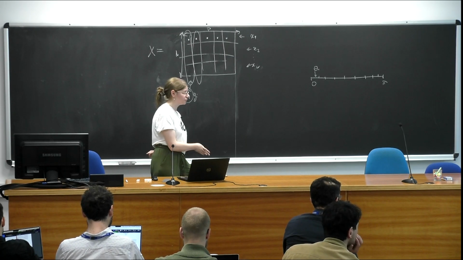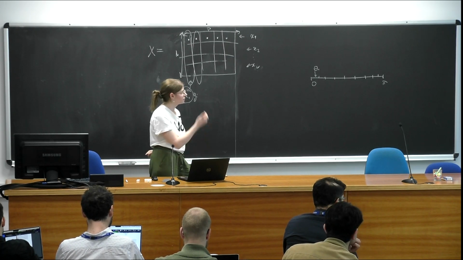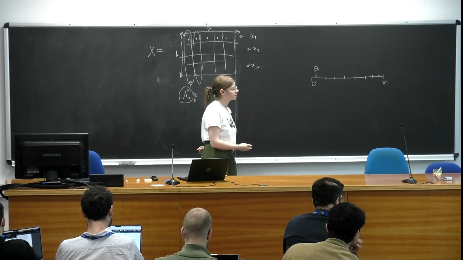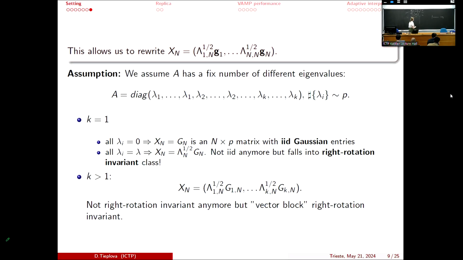Okay, and finally, the new case, when k is bigger than 1. Due to our assumption, what we can do is combine together all the columns with the same covariance matrix, right? And then, when we stack together all these columns with i.i.d. Gaussians, we will have just some i.i.d. Gaussian matrix of dimension p over k by the same n, right?